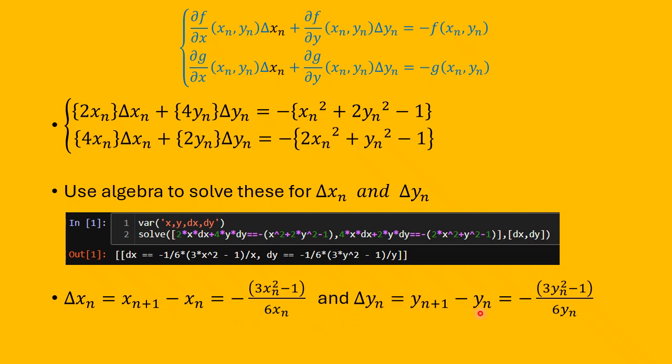Similarly, from this second one, delta y sub n is this, but delta y sub n is defined to be y sub n plus 1 minus y sub n. And so this equation right here, this stuff equals this stuff, can be solved for y sub n plus 1. So by doing that, we're going to get x sub n plus 1 in terms of x sub n. We're also going to get y sub n plus 1 in terms of y sub n.